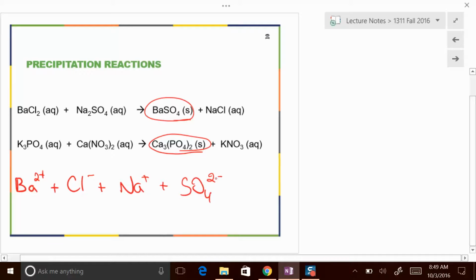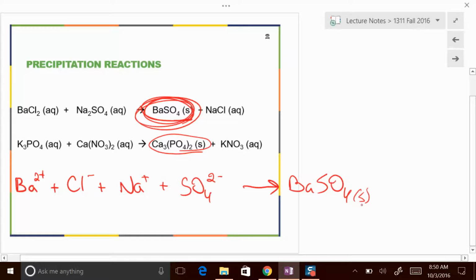So these are my ions. What do they form? How am I going to write this? I keep it together, right? I don't break it apart. BaSO4 is the solid product here.